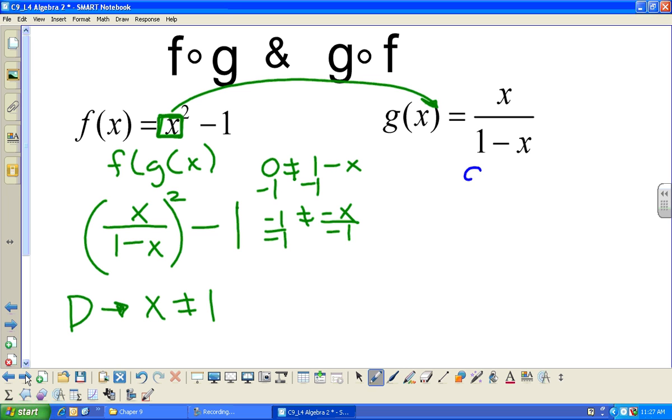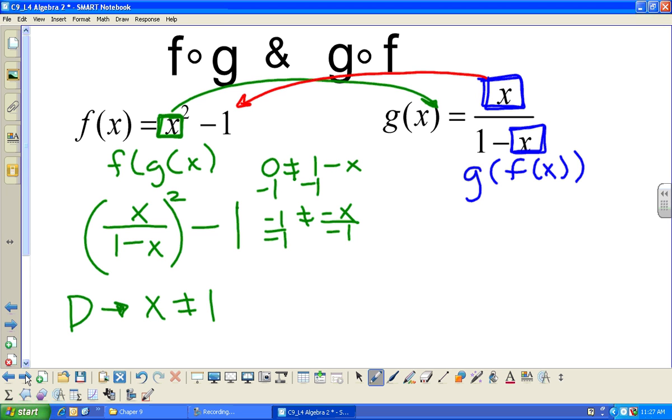And to find g of f, I start off by writing the function of g first. This function of g has two x's. So in both cases, I have to replace both of these x's with the function of f.